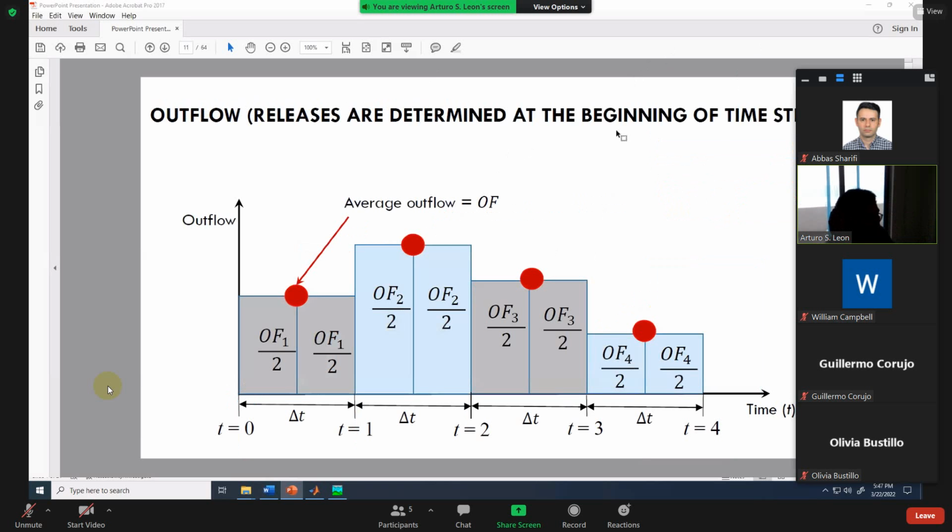Now the outflow is not evaluated at the middle. It's evaluated during the whole hour. For example, let's say this is time 0 hours, this is the outflow, and this is time. You want to operate the gate, let's say, every 1 hour.